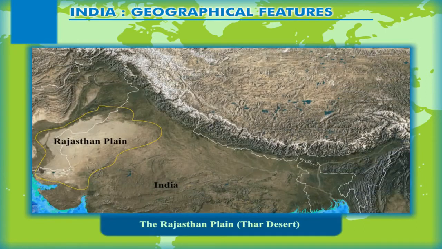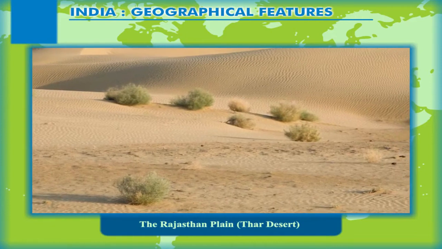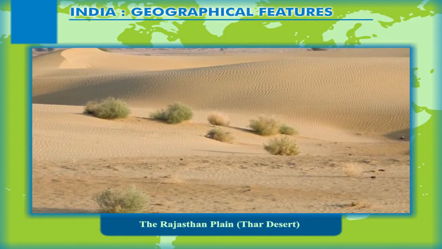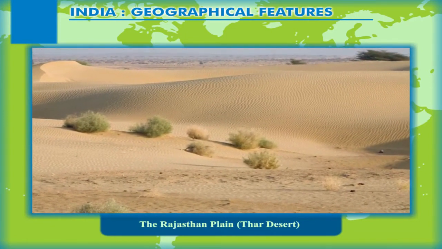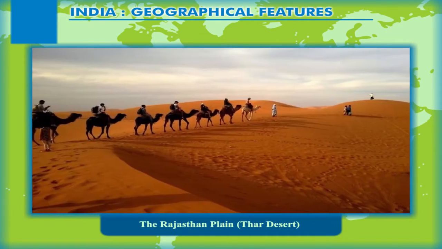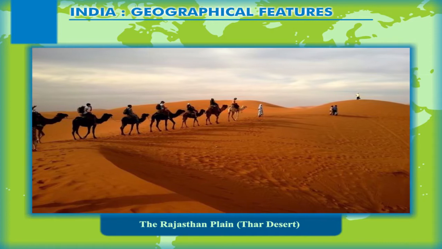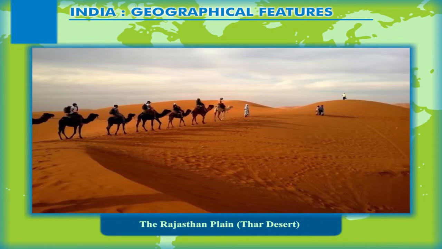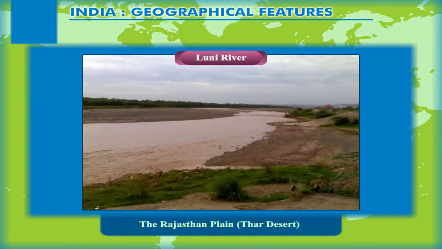The Rajasthan Plain, Thar Desert. It is the westernmost division of the northern plains lying to the west of the Punjab-Haryana plains. This plain is also known as the Rajasthan Plain or the Marusthali or Thar or the Great Indian Desert. This region is mainly an arid plain drained by several seasonal rivers, including River Luni.